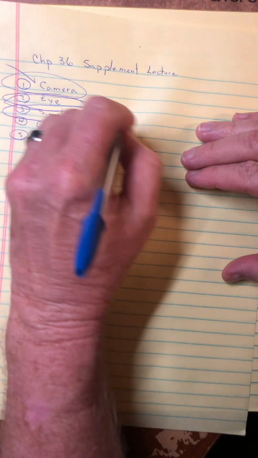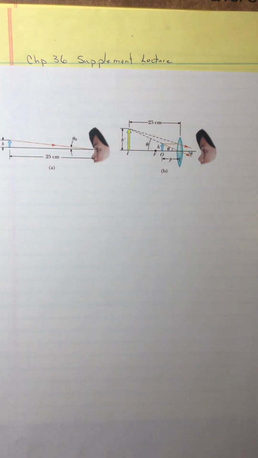Okay, so enough of that. Let's move on then to the simple magnifier. I think I printed up a page somewhere here of the simple magnifier. Here's the page I printed. I think I have a magnifier.